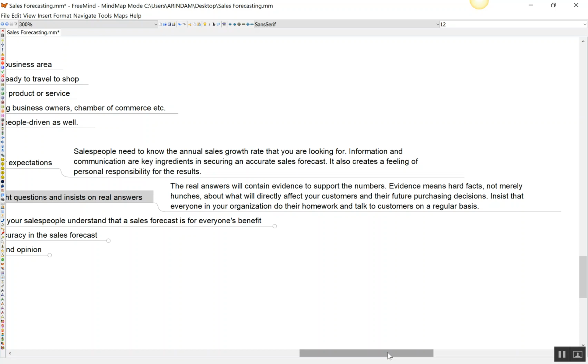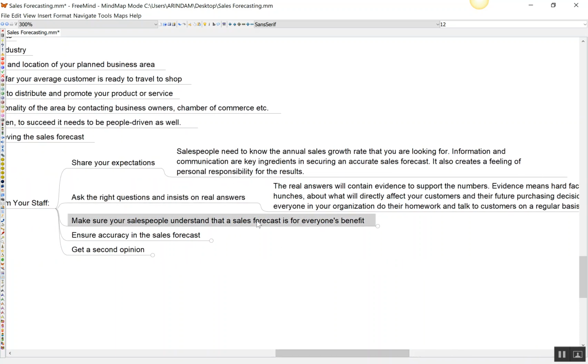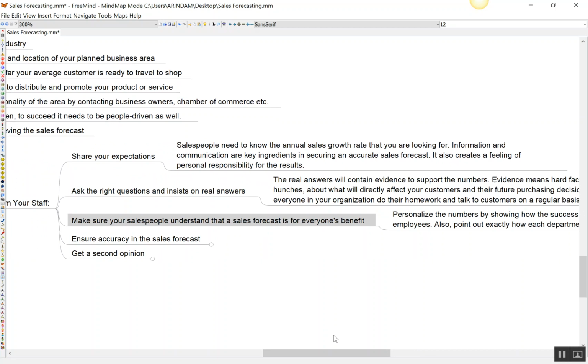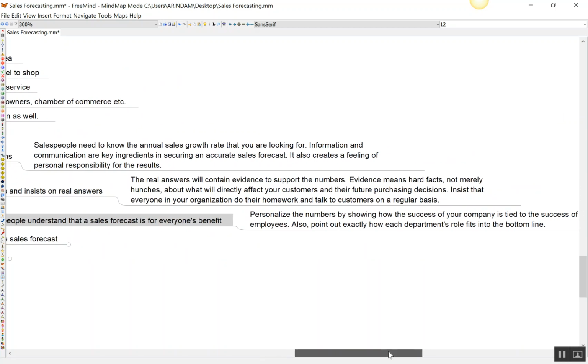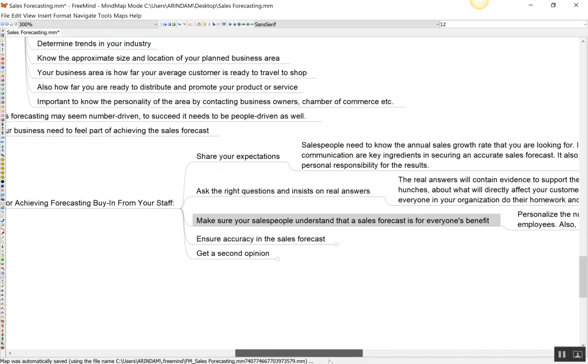Insist that everyone in your organization do their homework and talk to customers on a regular basis, right? Make sure your salespeople understand that a sales forecast is for everyone's benefit. Personalize the numbers by showing how the success of your company is tied to the success of its employees. Also point out exactly how each department's role fits into the bottom line, right?